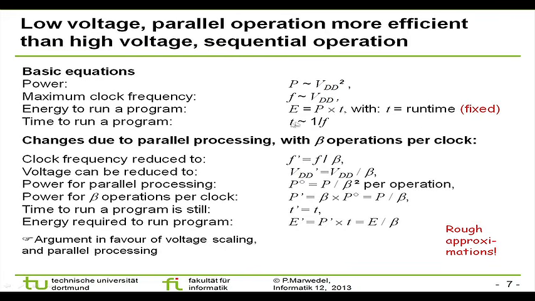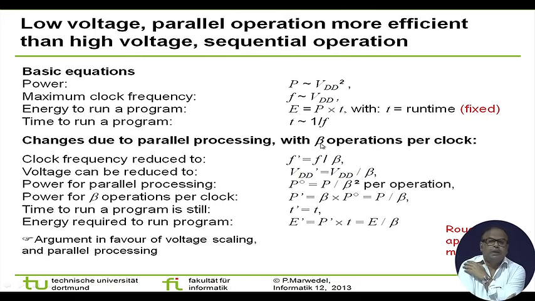Now, suppose I had to do a particular number of operations. I start doing parallel processing, and instead of doing one operation per clock, I decide on doing beta operations per clock. Then my effective clock frequency gets reduced to f prime, which is f by beta.